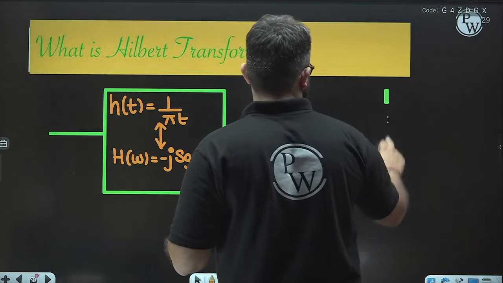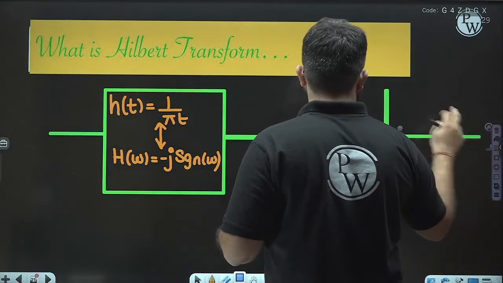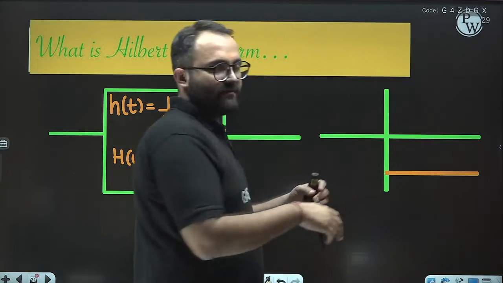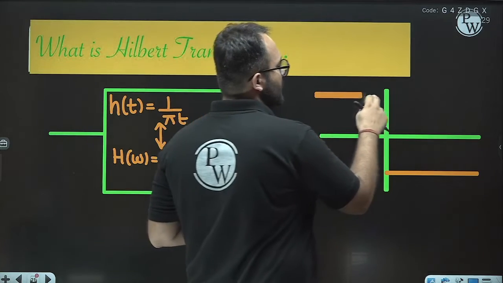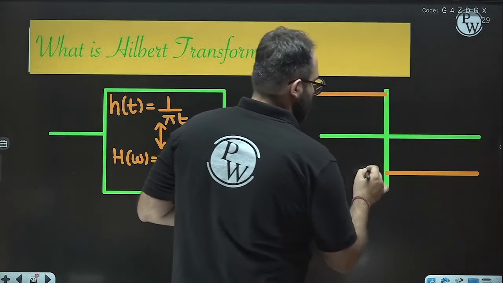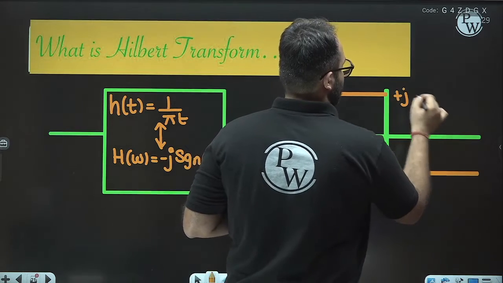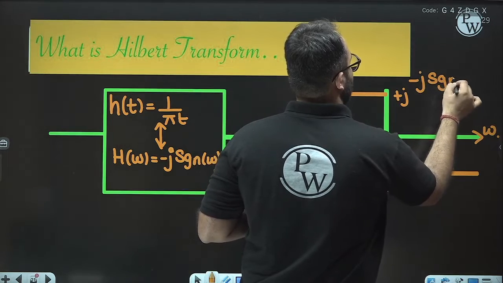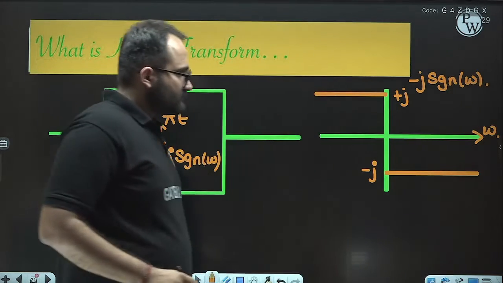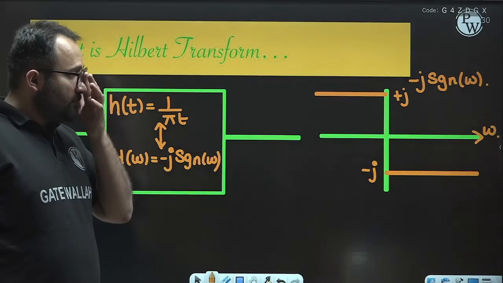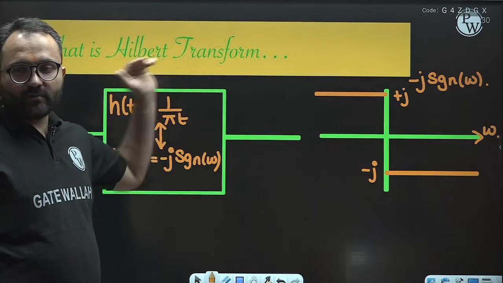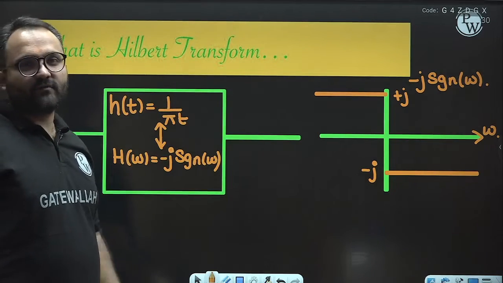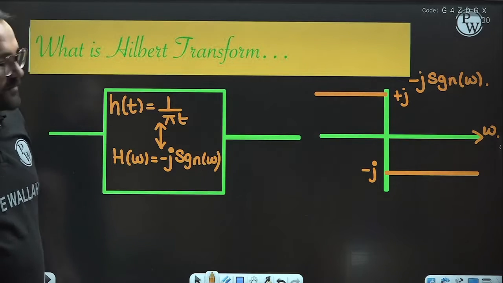If you remember the signum function, it will be minus j when omega is positive and plus j when omega is negative. So remember this: Hilbert transform means the Fourier transform is this and the impulse response is 1 upon pi t.